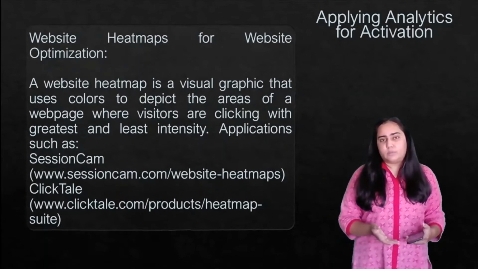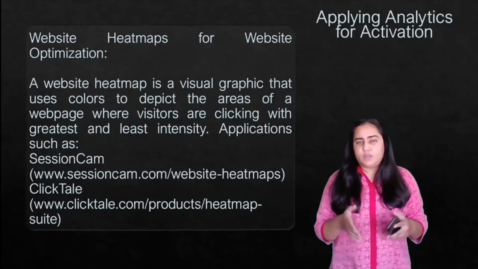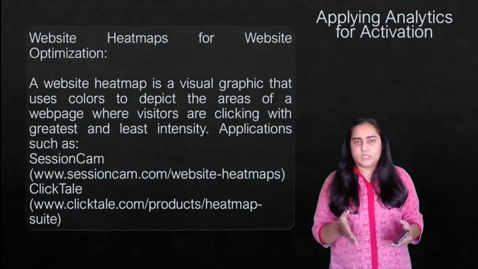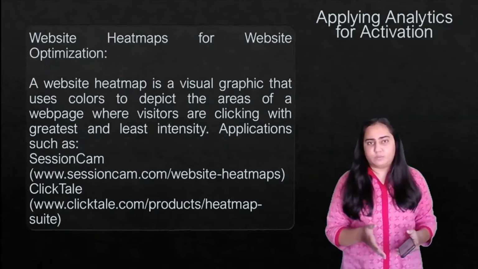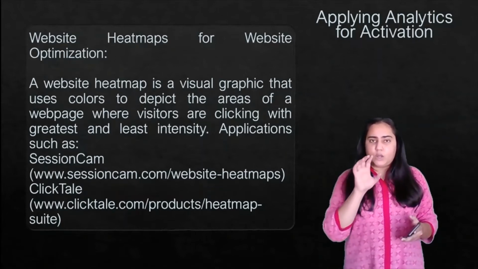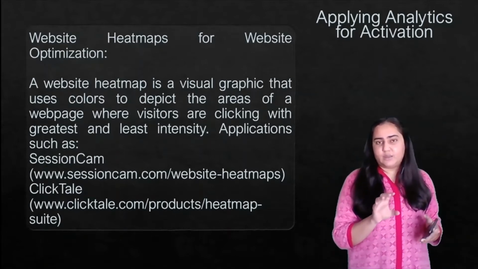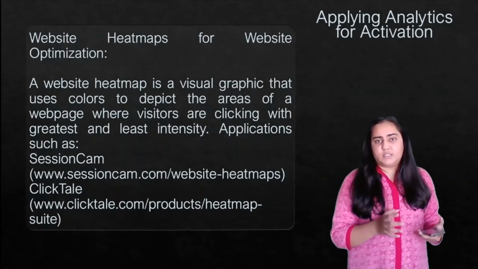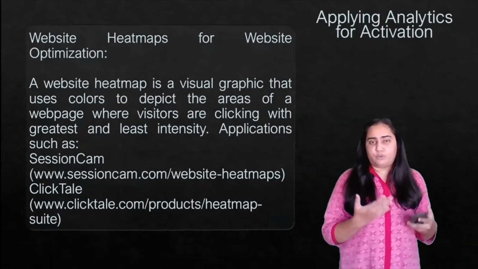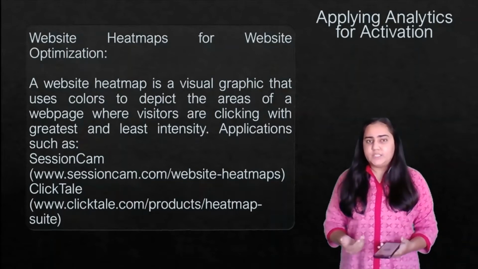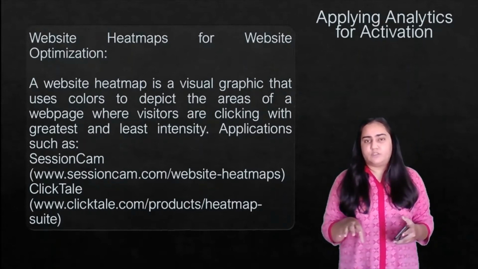And this type of heat map can also be created for your website. Creating a heat map for a website is where you create a map for each and every page of your website. It shows on that page which particular region is the region where users are clicking more often. The region with the greatest intensity of clicking will be of a brighter shade, and the regions with least intensity, where people are not very likely to click, will be of a lighter shade.